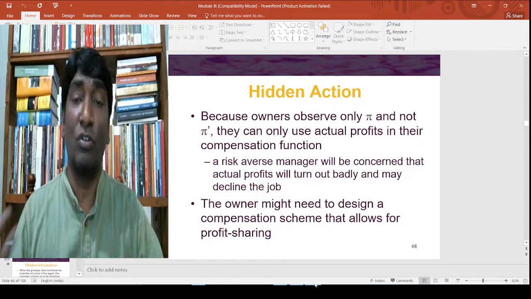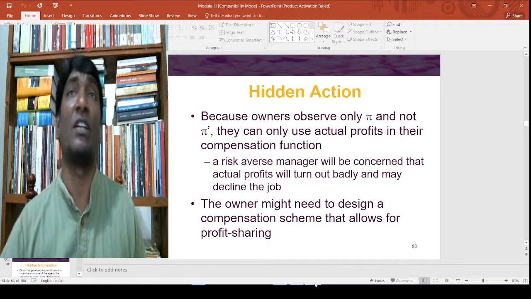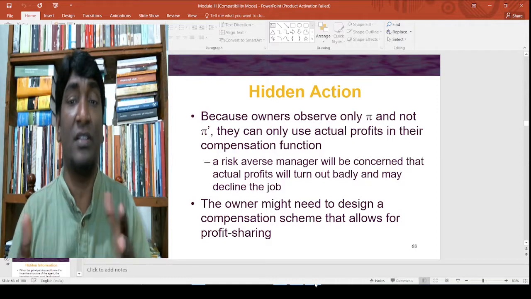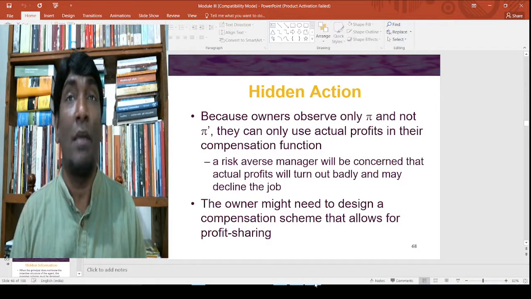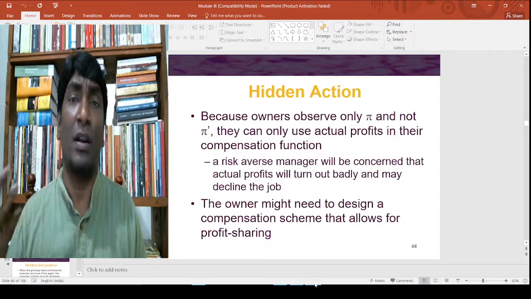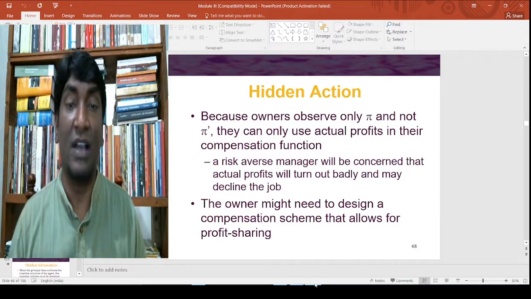So with so many owners, they may not be checking. Most of the time the managers did all kinds of things. This is what is called the hidden action. Many of the firm managers did that, and most of the time the stock market collapsed, or the bubble burst, because of this kind of situation.